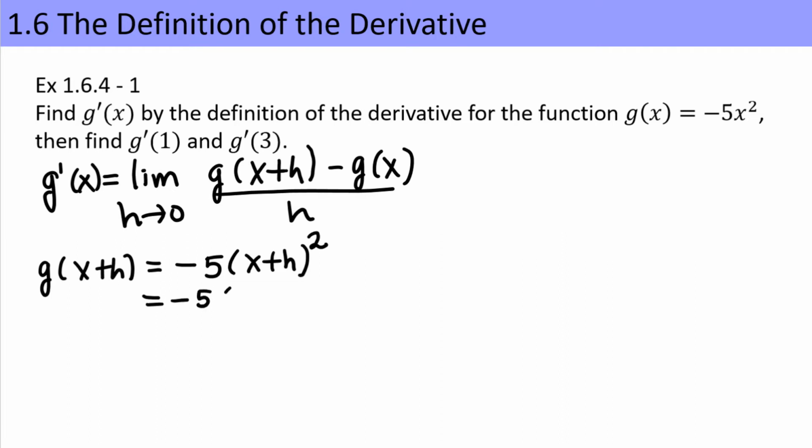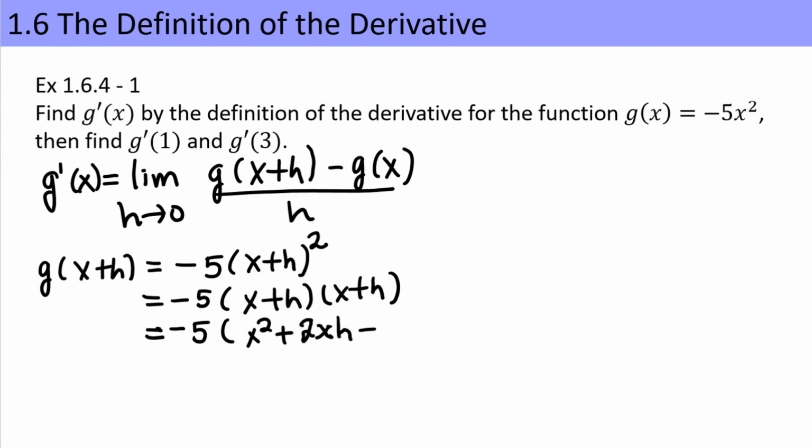Algebraically, that's negative 5 times (x plus h) times (x plus h), which will give us negative 5 times, and then multiplying using FOIL, x times x is x squared. The inside is xh, the product of the outside is xh, so together you have 2 xh's, and then the product of the last terms would be h squared.